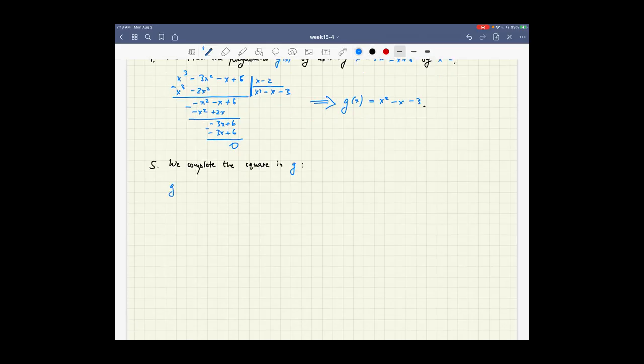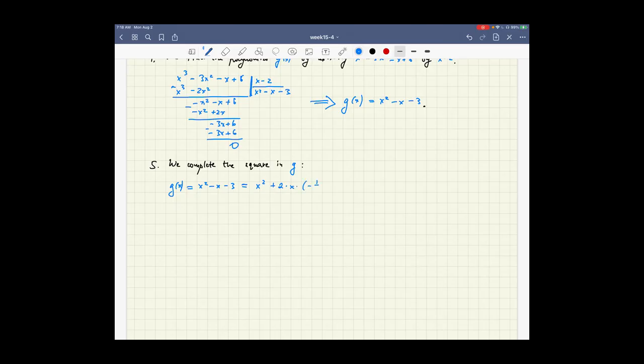So we have x squared minus x minus 3. No need to factor out the leading coefficient because it's already 1. So we treat the linear term as 2 times x times the rest.